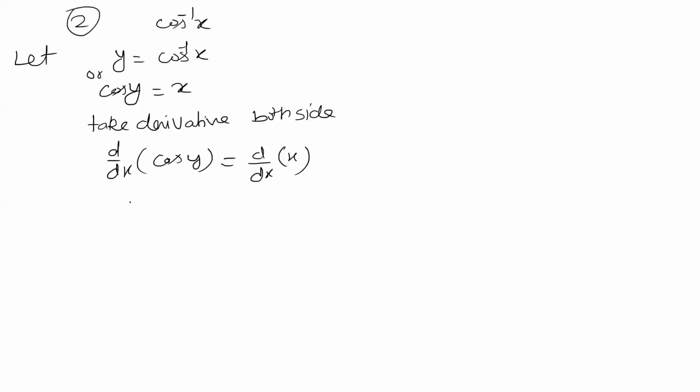So the derivative of cos y you will get is minus sin y, and then apply the chain rule. dy by dx, you will get 1, since the derivative of x is 1. On the right side, the derivative of cos x is minus sin x.